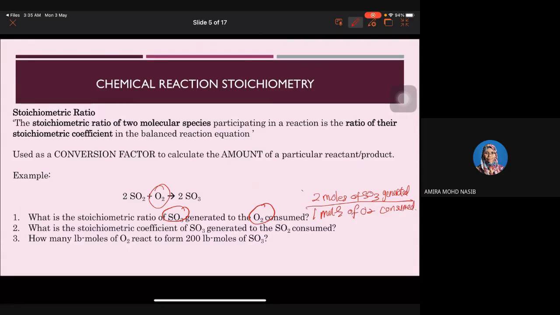So this is the answer. This is what we call the stoichiometric ratio. It is the stoichiometric coefficient, and this is your ratio based on your question.